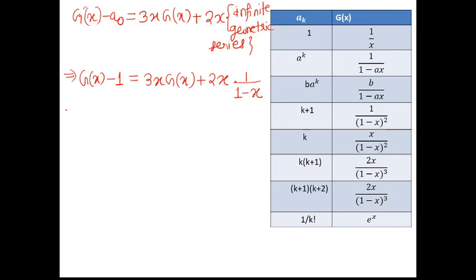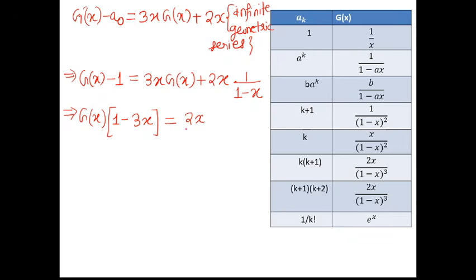Now after substituting all the initial conditions and using the standard formulae, let us collect the terms of g of x. So we have g of x, shifting this term to the left hand side and taking g of x common. So it is 1 minus 3x. Now equal to, shift all the remaining terms to the right hand side.